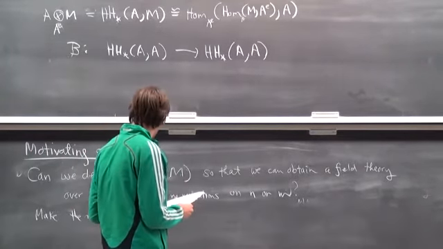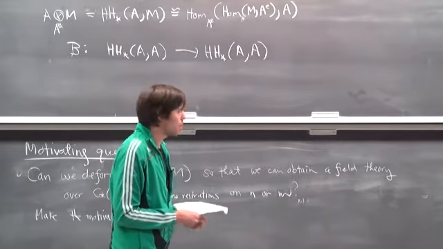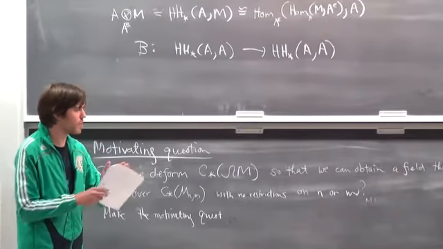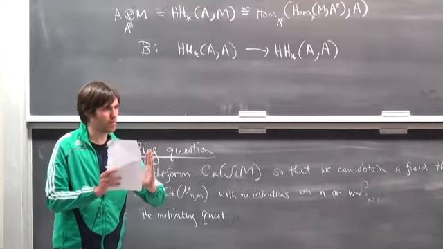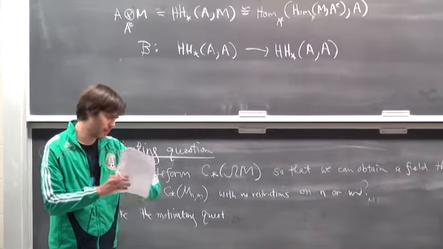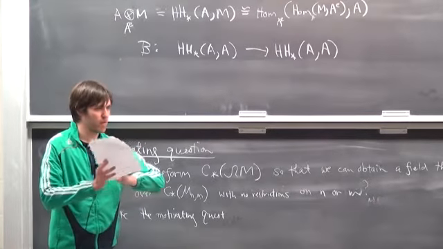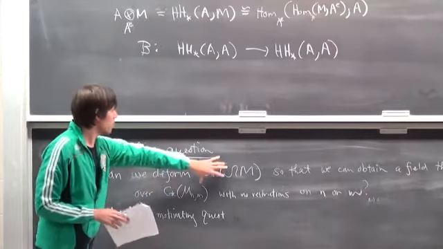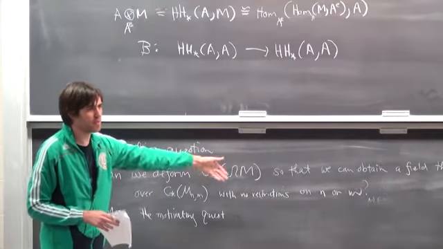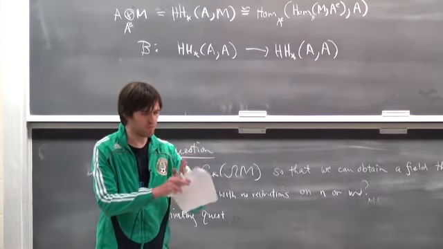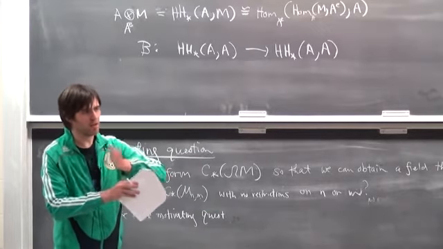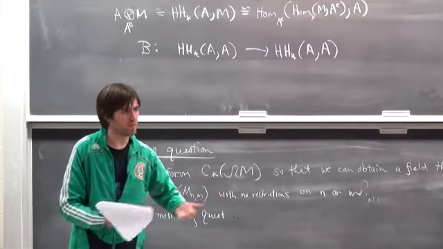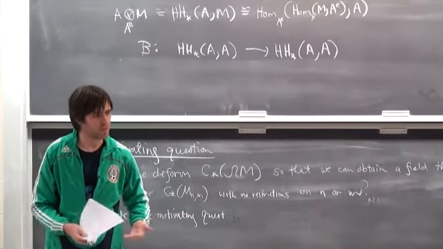Can you say one word about what you mean by deform? Deform meaning put a parameter, a t variable, and then pass to the generic fiber, and then the question is whether it is going to be fully dualizable in an appropriate sense.